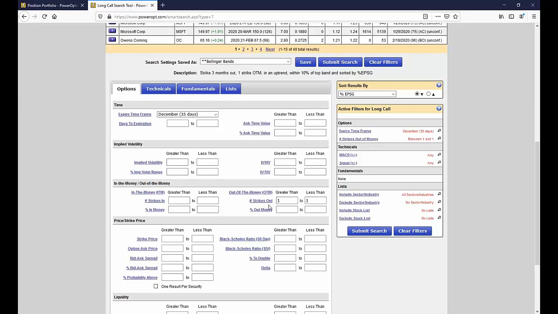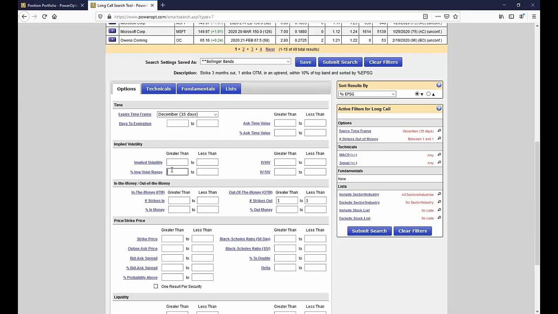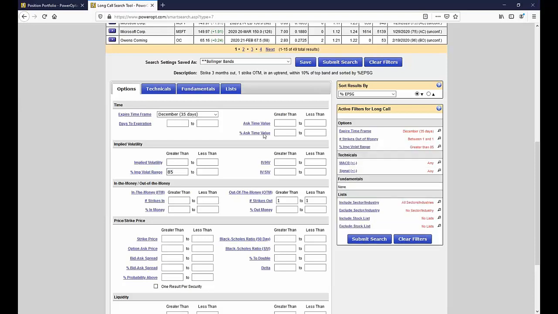By limiting this to 1-to-1 out of the money, I'm only telling the system to identify one strike that is just out of the money for any stock. So we won't see duplicates, as you mentioned. Now, the percent implied volatility range, I want it to be greater than 85.